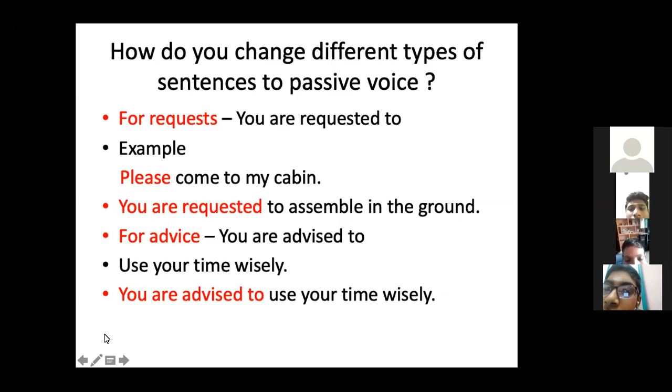Whatever you are writing, here it is my cabin. If it is please assemble in the ground, you have to write it as you are requested to assemble in the ground. Okay, right.